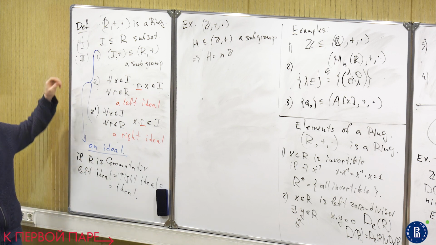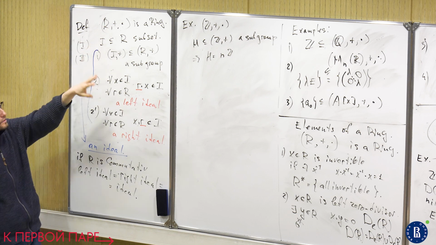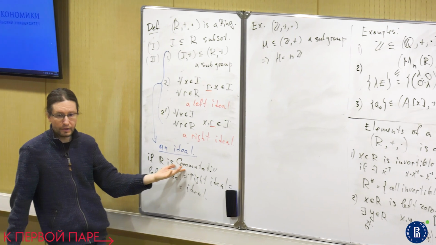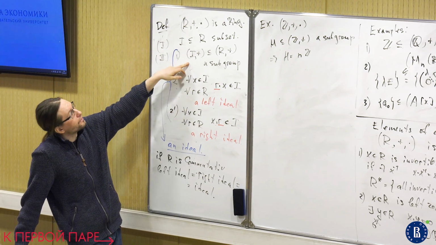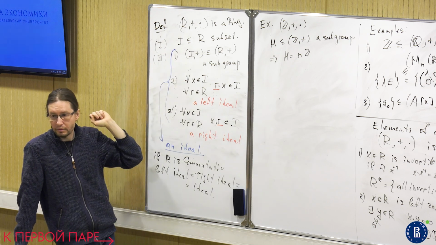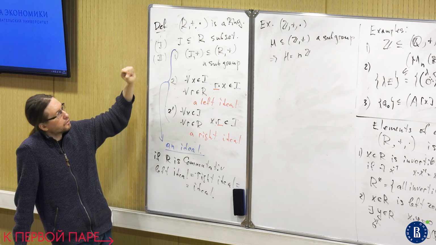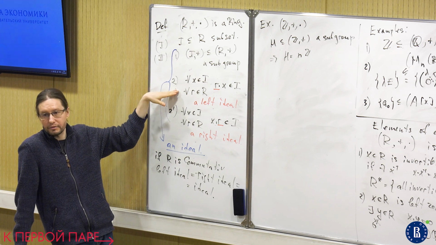So now, if we want to describe all ideals in Z, there is no difference between left and right ideals because it's commutative. So if we want to describe all possible ideals, we want to find which subgroups satisfy property number 2. Well, if you take a look, it's clear that every subgroup satisfies this property.